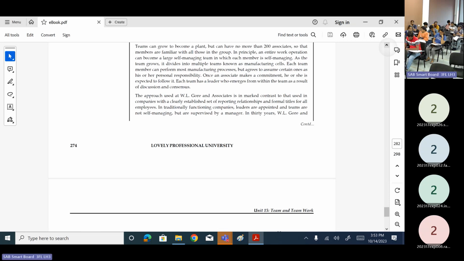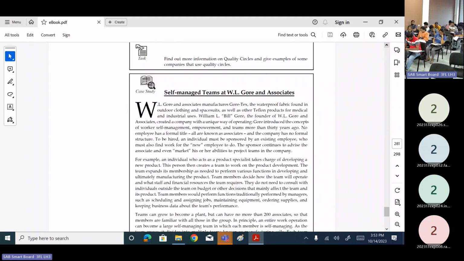W. L. Gore and Associates manufactures Gore-Tex, the waterproof fabric found in outdoor clothing, as well as other Teflon products for medical and industrial uses, clothing or uniforms.